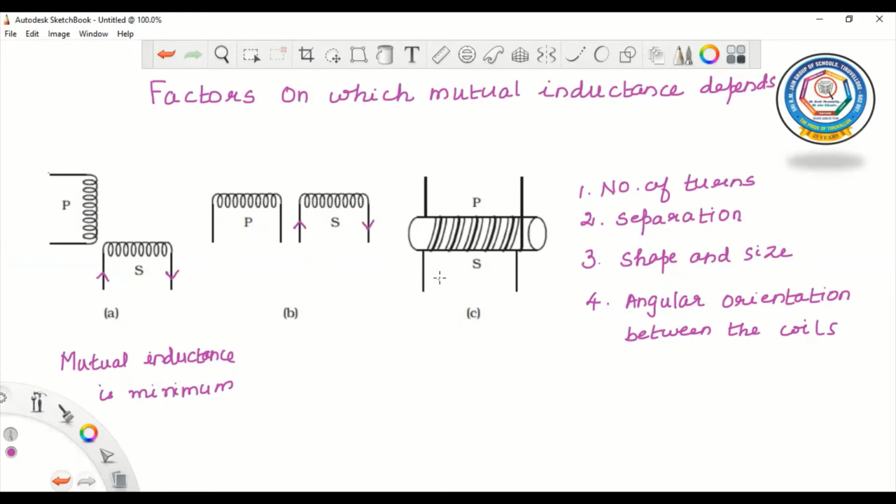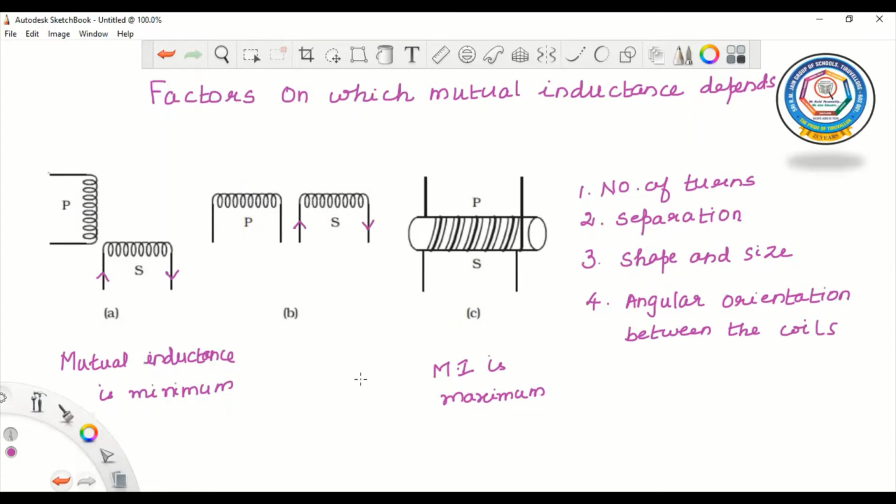When the entire flux due to the primary is linked with the secondary, then the mutual inductance is maximum. So here the mutual inductance is minimum. Here the mutual inductance is maximum.